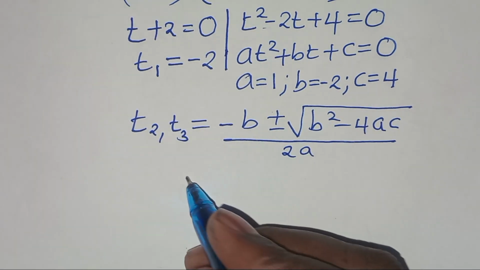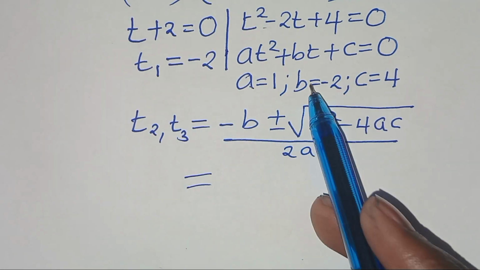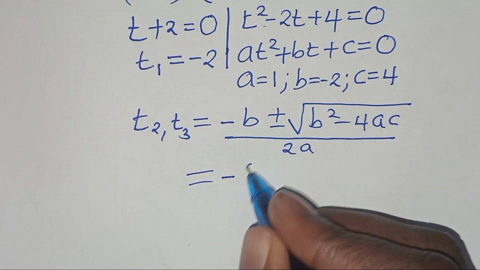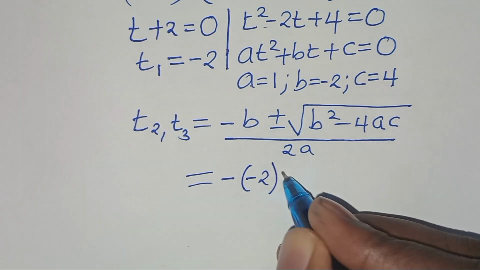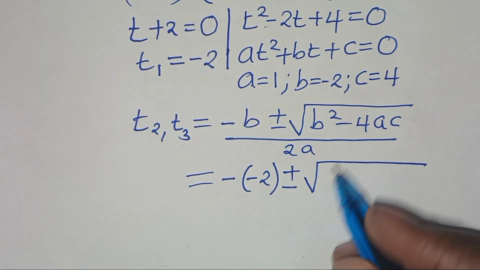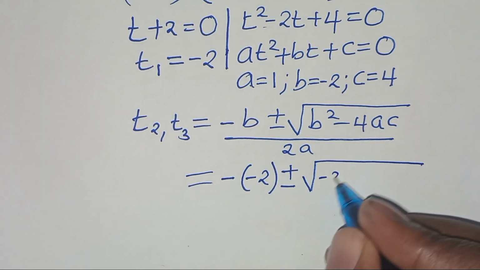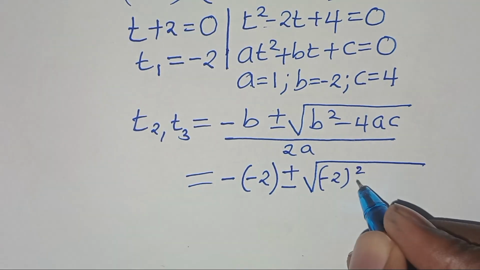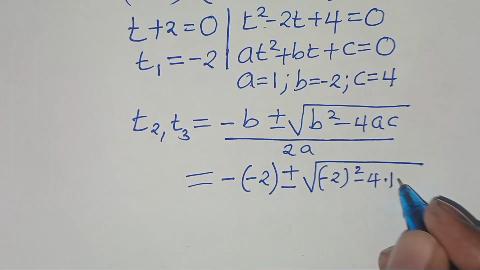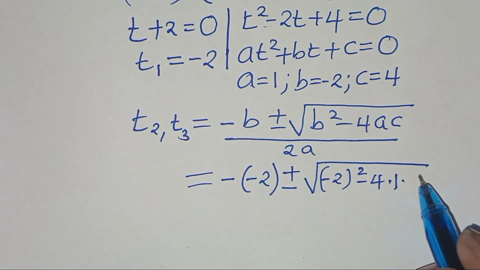So the next step, let's substitute the values of a, b, and c. So that now here we have minus minus 2 plus or minus the square root of, now b squared is minus 2 squared, subtract 4 times a, which is 1, times c, which is 4.